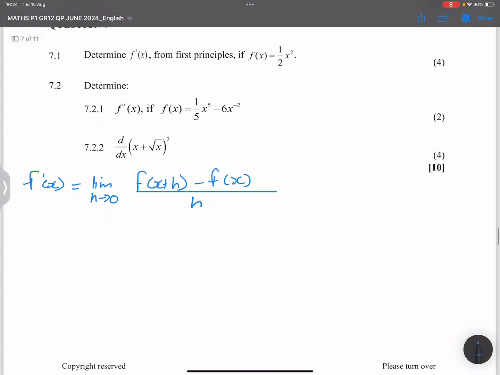Now remember, guys, we don't remove the limit as h tends to 0 for as long as h is in the denominator.